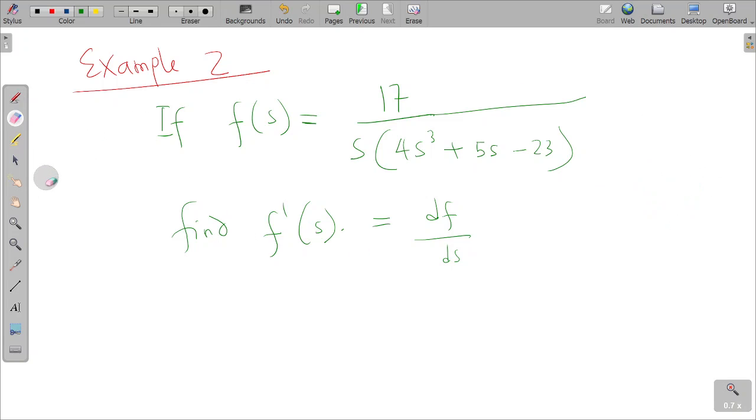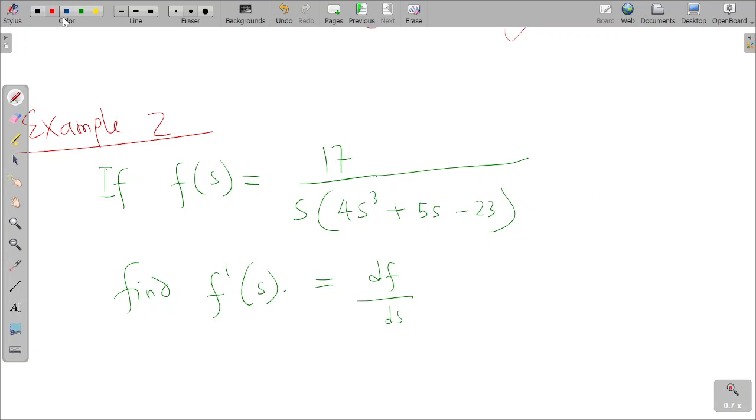To find df over ds, first we can recognize that this is the same thing as 17 over 4s to the fourth plus 5s squared minus 23s.